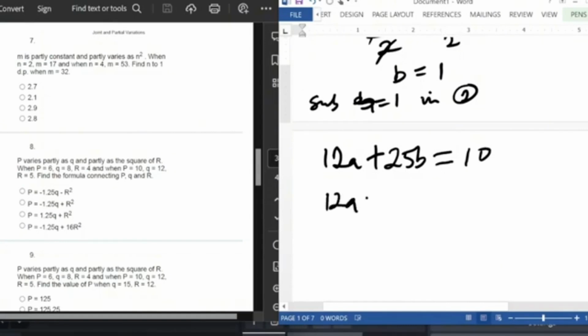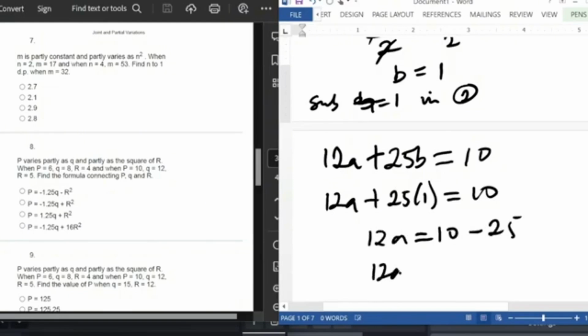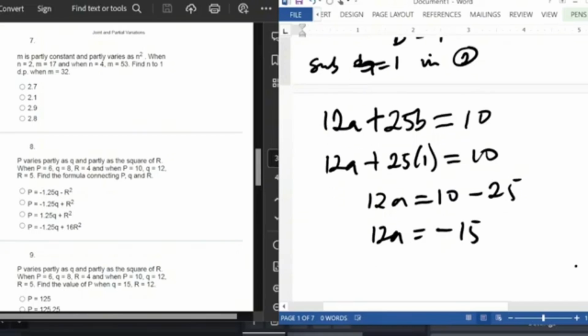That's 12a plus 25 times 1 equals 10, and that is 12a equals 10 minus 25, and that means 12a equals minus 15. Then we divide both sides by 12. So we get a equals minus 1 point, let's check, 15 divided by 12 gives us 1.25.